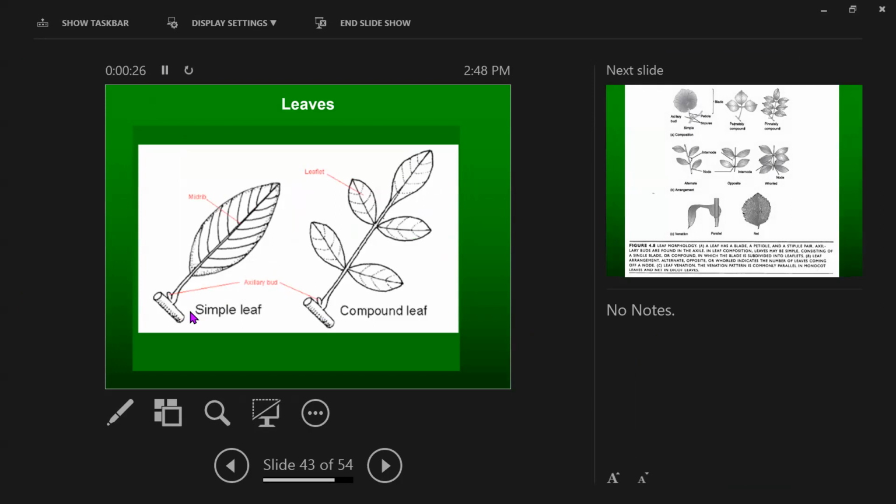Here, you don't see any axillary bud at the base of the smaller ones, you only see it at the base. Then you'd say that entire thing is a leaf and it's composed of leaflets. So that right leaf has 5 leaflets to make up the leaf.